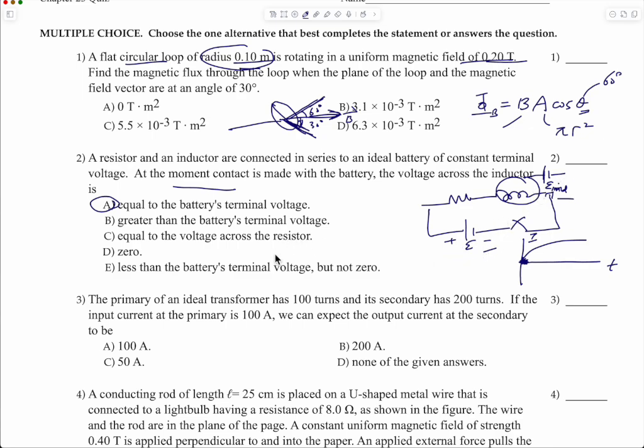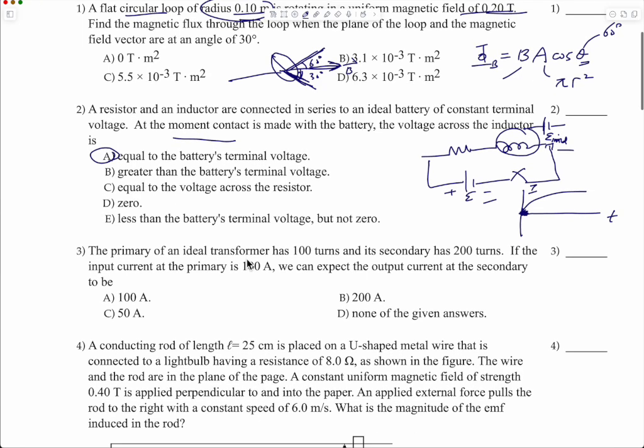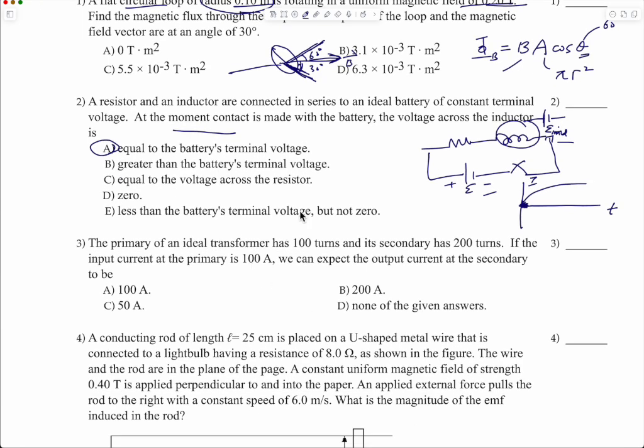Number 3: the primary of an ideal transformer has N1 equal to 100 turns and the secondary has N2 equal to 200 turns. If the input current I1 is 100 A, what do we expect the output current at the secondary to be? Here is the equation: V2 over V1 equals N2 over N1.